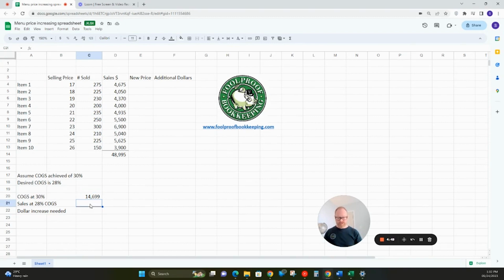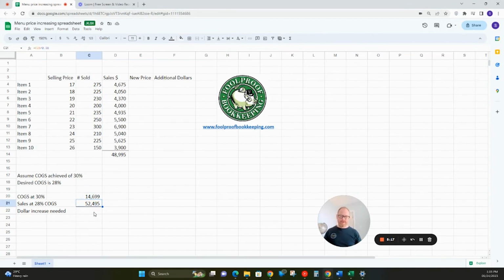So we just go equals, what we spent and then divide it by 0.28, $52,495. So spending $14,699, if that's going to be a 28% cost of goods, our revenue needs to be $52,495.